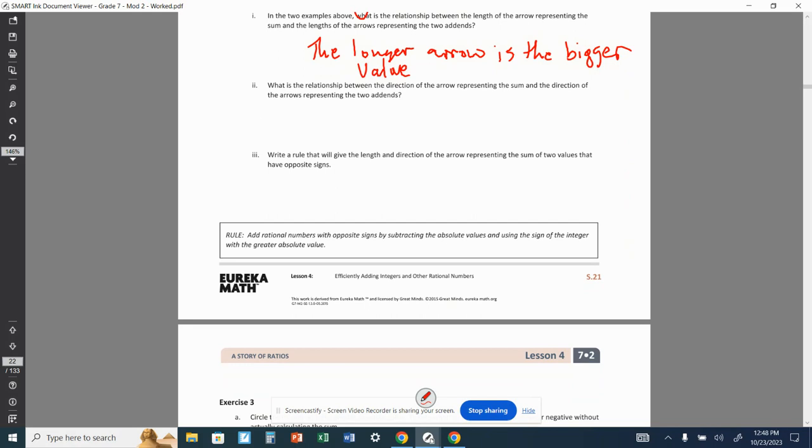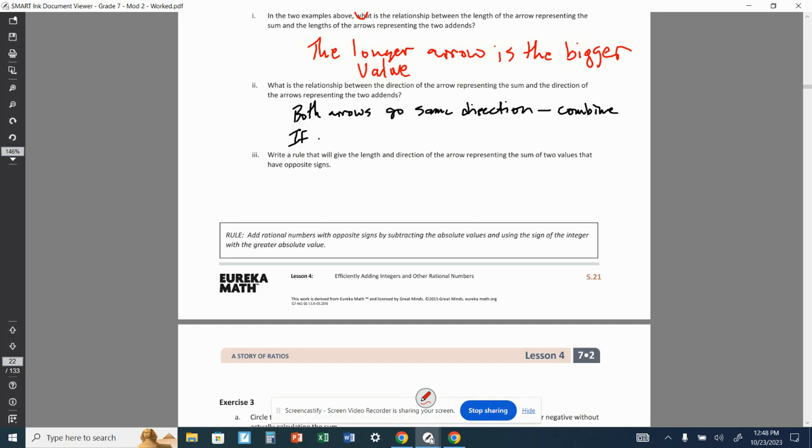What's the relationship between the direction of the arrow representing the sum and the direction of the arrows representing the 2 add-ins? So when we're looking at this, right, if both arrows go the same direction, combine them, right?